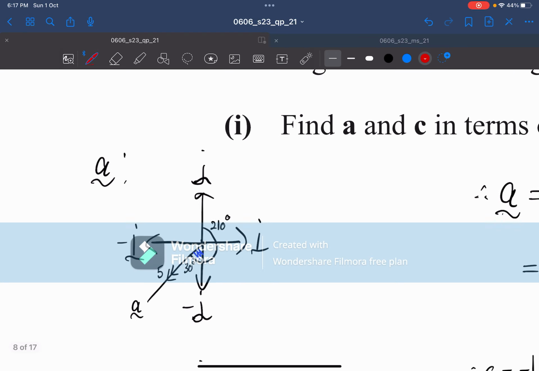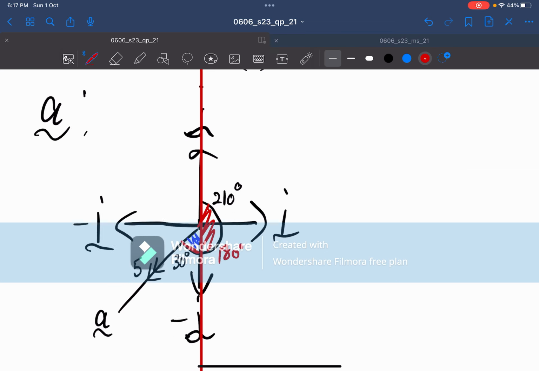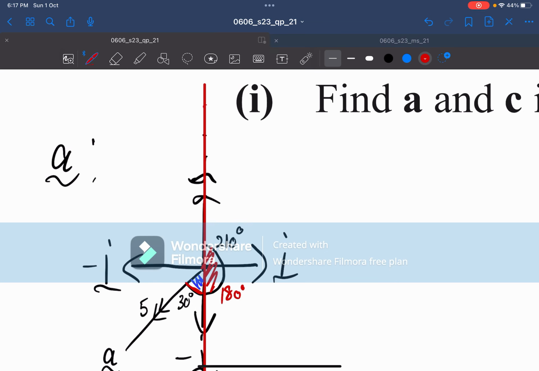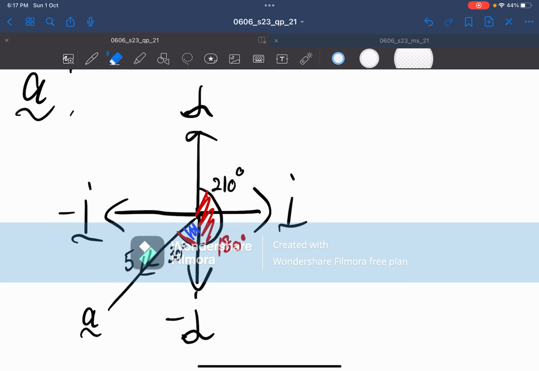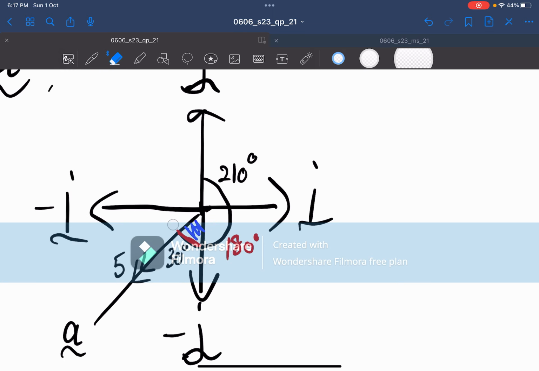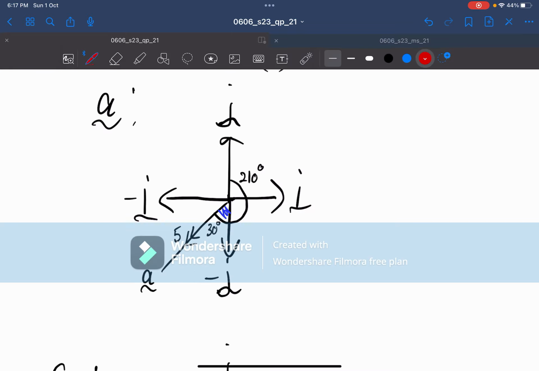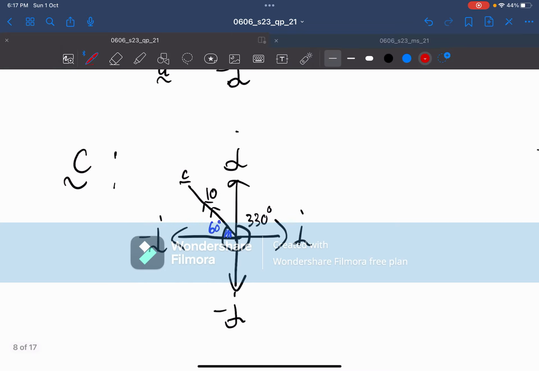So what I want to emphasize is that notice that in this line right here, it's 180 degrees. So what that means is that in this section over here, the one I colored purple, that angle is going to be 30 degrees. Why? Because it's just 210 degrees minus 180 degrees. So that's going to be 30 degrees. And same goes for here.